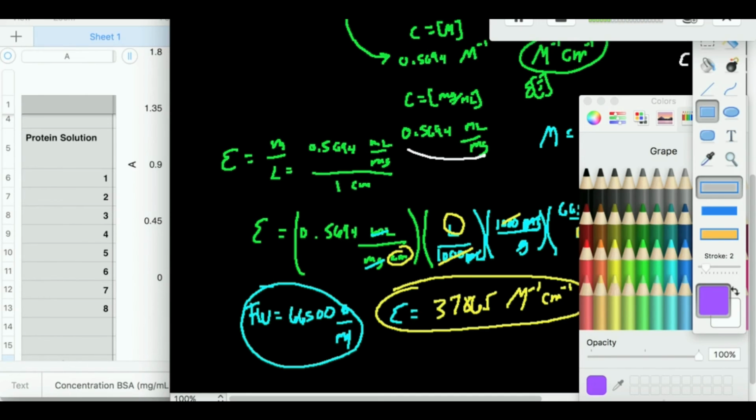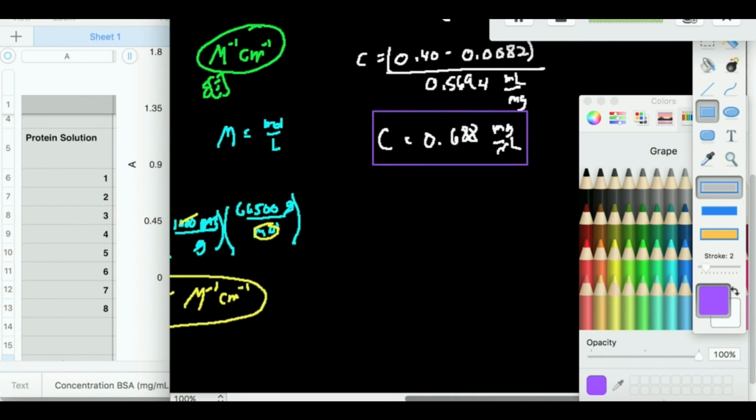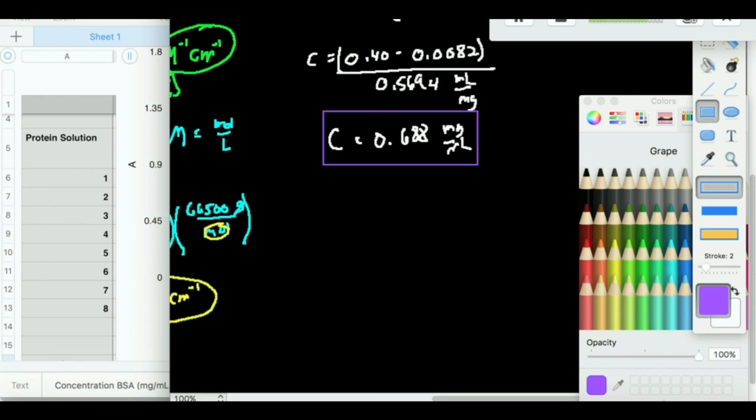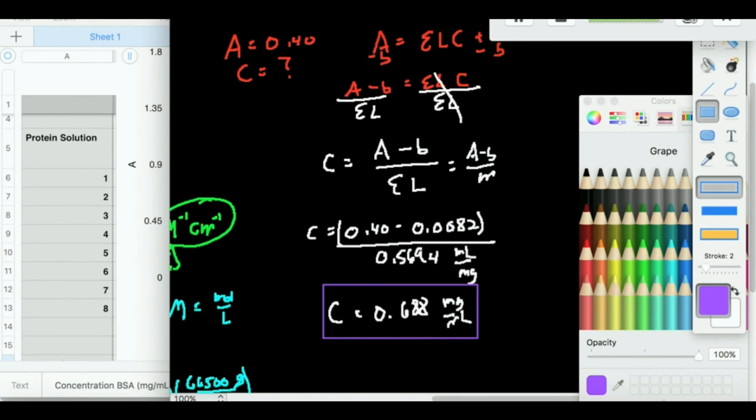So you have to pay very close attention to what the units are on that plot, and you have to use that when you calculate your extinction coefficient. But that's basically what you do. You're determining the extinction coefficient so that you can determine the concentration of an unknown sample given the absorbance that you measure for that sample.